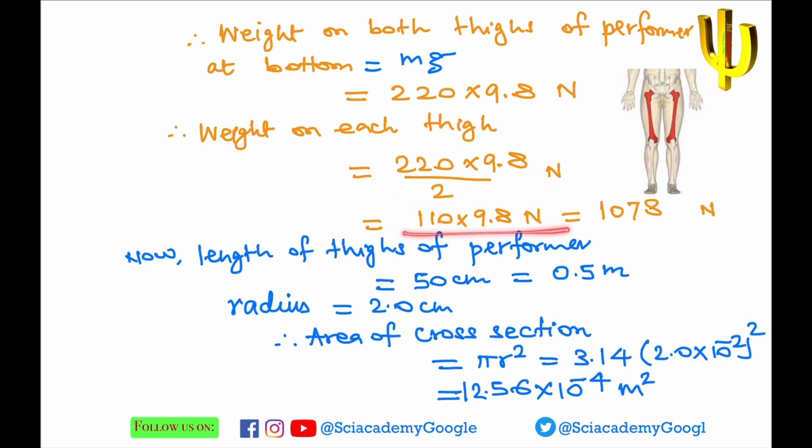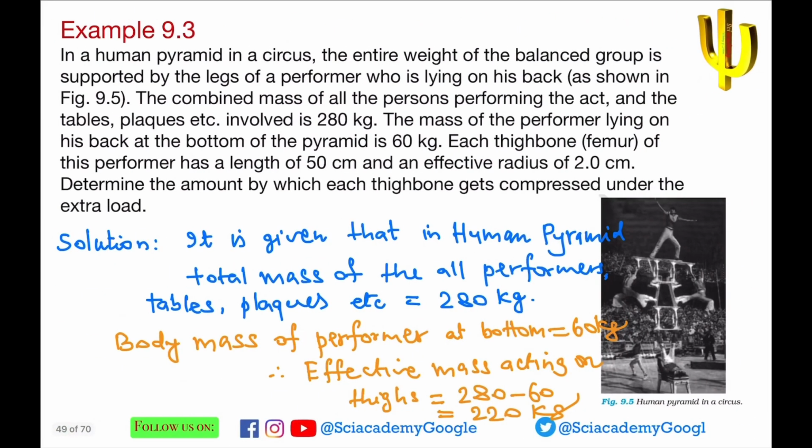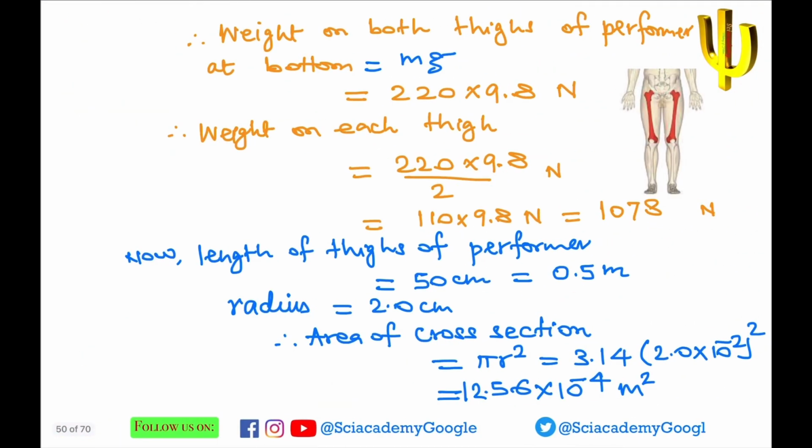So we get 110 into 9.8 Newton, that is equal to 1078 Newton. That means 1078 Newton weight is applied on each thigh bone of the performer lying at the bottom of the human pyramid.